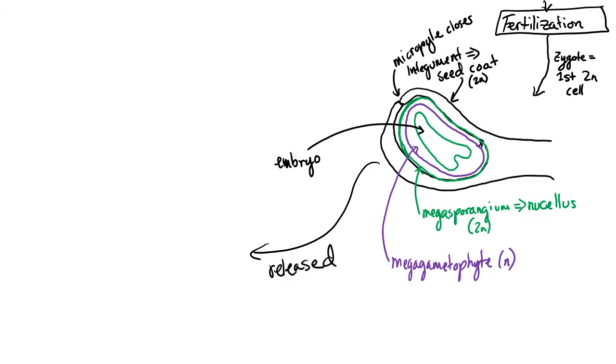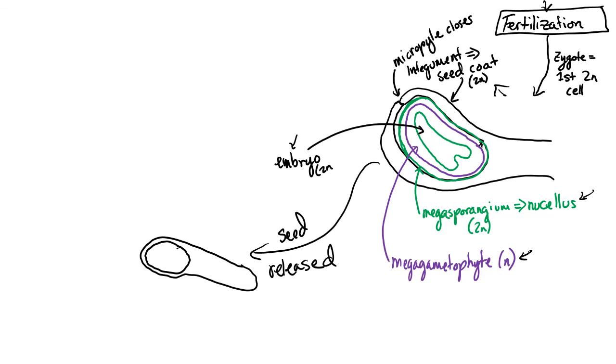And once it's fertilized, it's called a seed. So the seed is released. It has this wing, and then the seed. And that seed contains all of these layers that we just covered. And that embryo is also diploid.